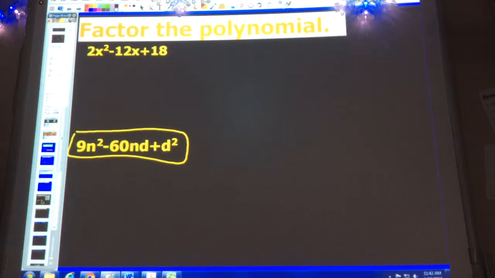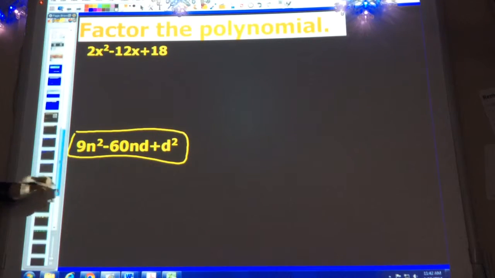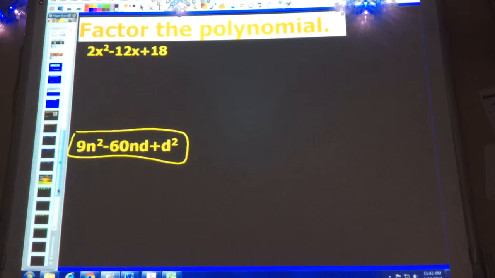I would like you guys to do the bottom one. Just do the bottom one. And just go through your factoring steps.